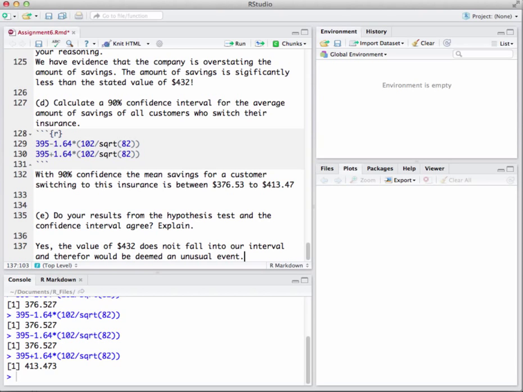In other words, it would be very rare to see a value of savings of $432, given that our confidence interval, that we're 90% confident that the true population mean resides in that interval.